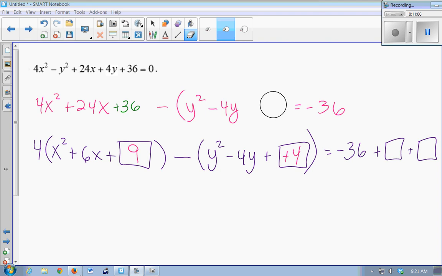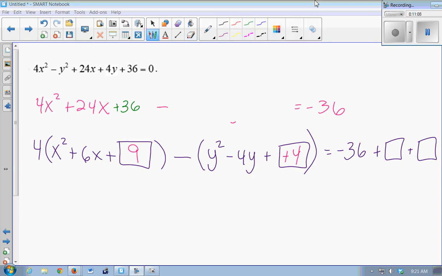Actually, let me do it: minus y squared plus 4y. It looks like we added 4, but really, because there's a negative sign out here, I really subtracted 4 from the left side. So that's really minus 4. So I have to add 36 and -4 to both sides.